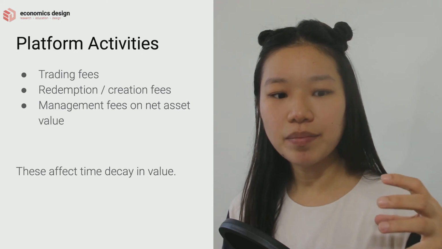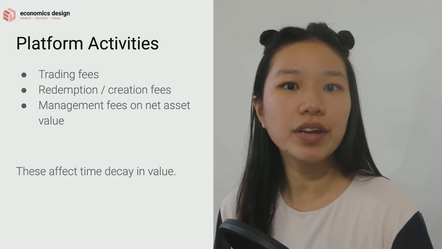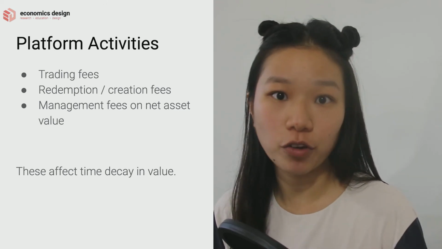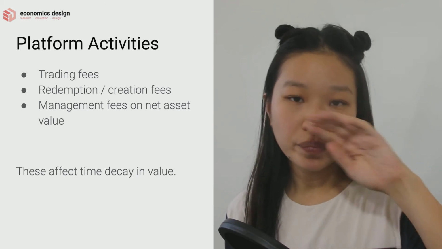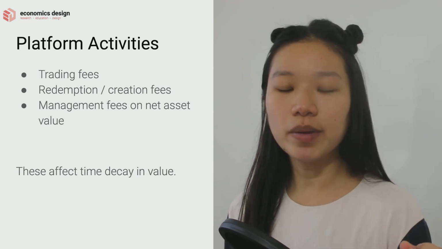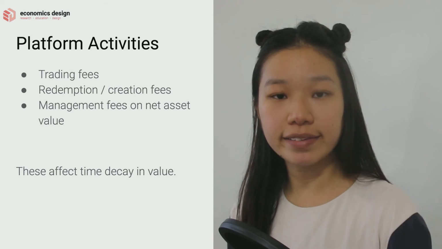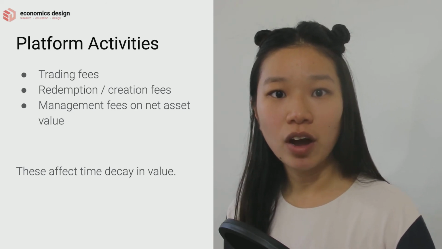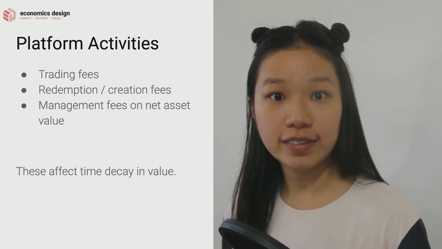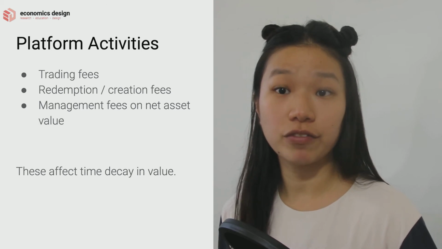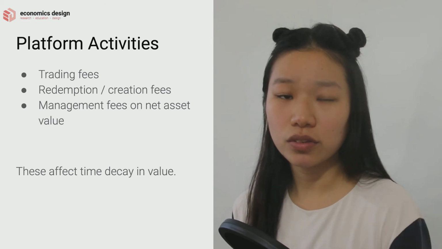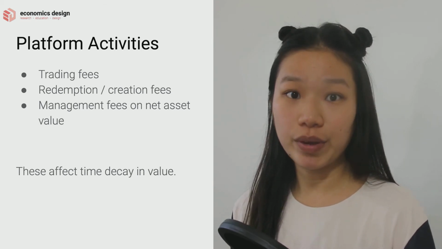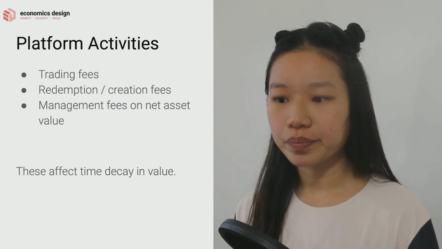Remember, this is something like having part of an ETF portfolio or a mutual fund portfolio, and you have to pay management fees. This management fee comes from the net asset value, and it's a daily management fee on the assets that you hold based on your leverage tokens. So just keep in mind these are the 3 fees payable on the platform.